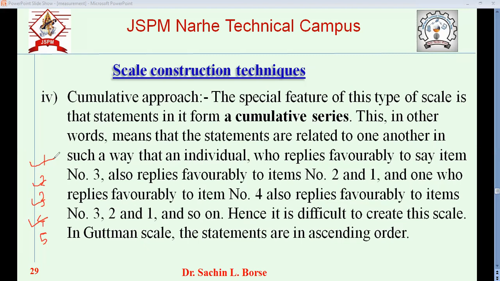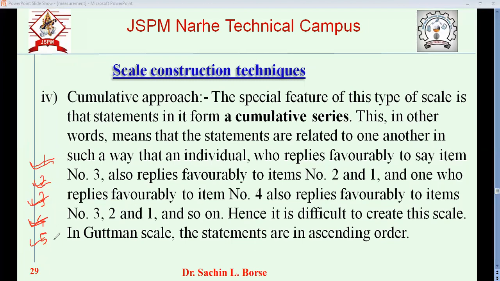So when I say statement number 4 is correct, it means statements 1, 2, 3, and 4 are correct. Only statement number 5 is not correct. If I say statement number 5 is correct, all the statements are correct.